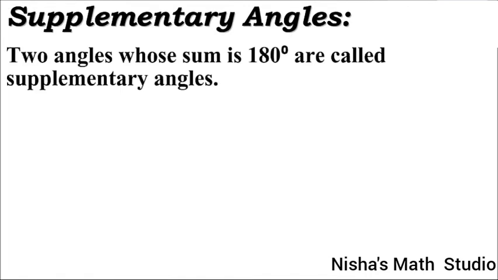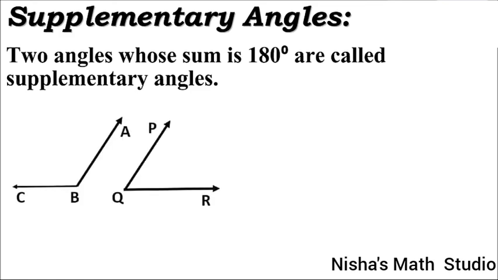Next pair of angles is supplementary angles. Two angles whose sum is 180 degree are called supplementary angles. Complementary is total 90 degree, whereas supplementary is total 180 degree. If you take these two angles, angle ABC and angle PQR, and the first angle is 110 degree and the second angle is 70 degree, adding these two we get 110 plus 70, which is equal to 180.